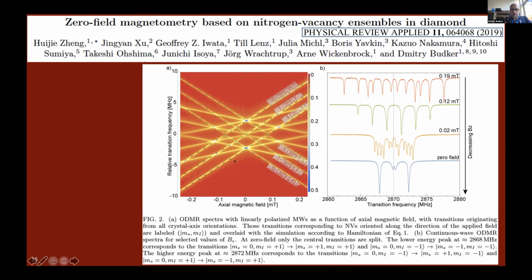Now, I didn't really go into great detail about the hyperfine structure. There is nitrogen-14, the most abundant isotope of nitrogen. It has nuclear spin 1.